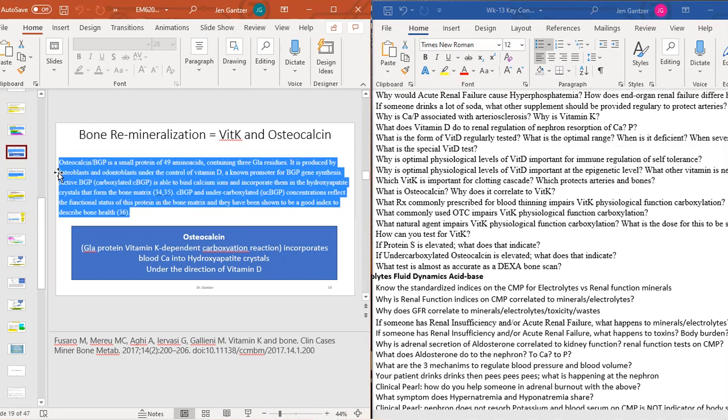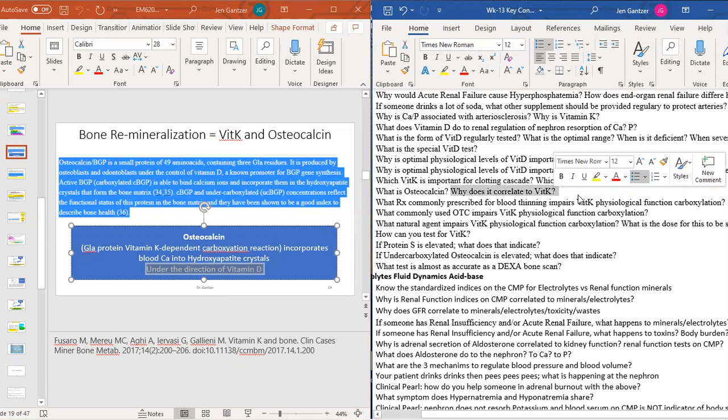So the osteocalcin, under the direction of an activated vitamin K, will add a calcium under a carboxylation reaction and drop it into a hydroxyapatite. And that does so under the direction of the vitamin D acting on the osteoblasts. So osteocalcin is a vitamin K dependent carboxylation reaction, which uptakes calcium and puts it into the hydroxyapatite matrix. Okay.